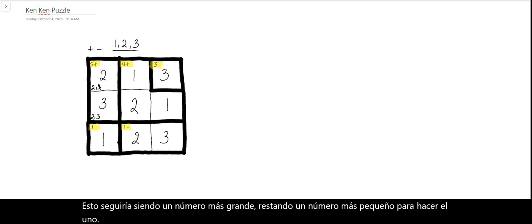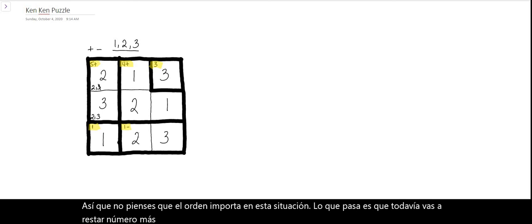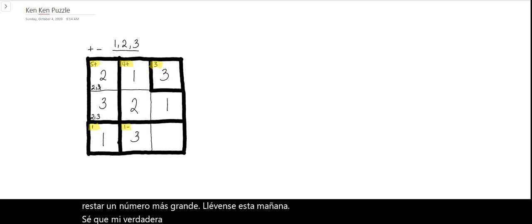So don't think that the order matters in this situation. You still subtract the bigger number, taking away the smaller number. I know my real solution should be 3 and 2. And this would be my solution for this KenKen puzzle.